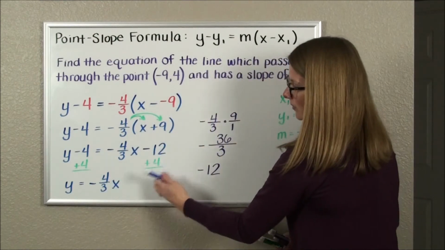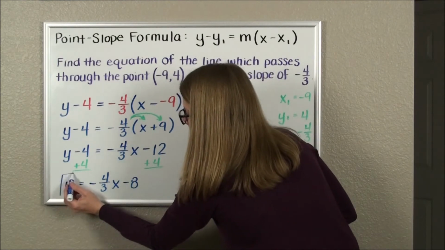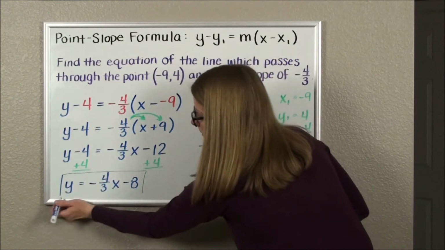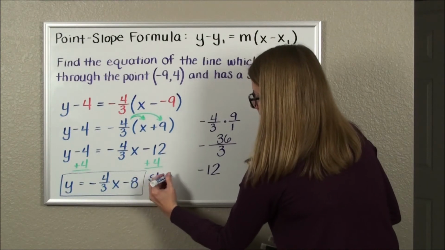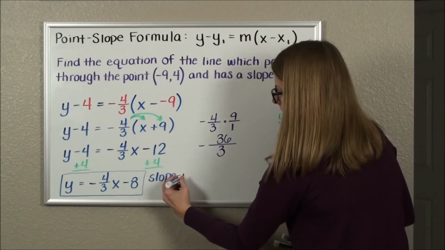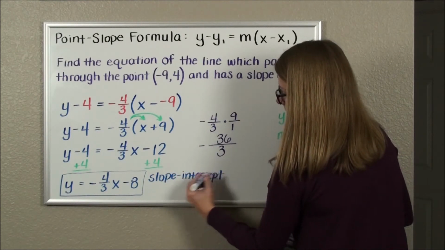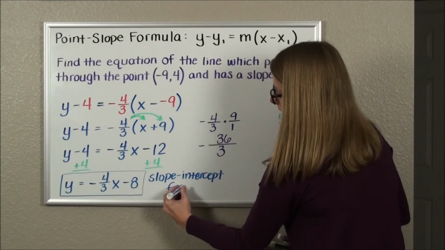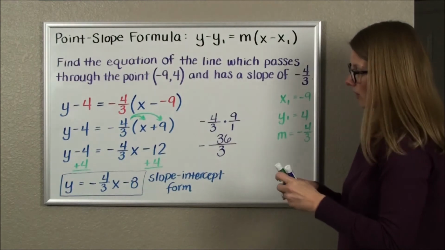And then -12 plus 4 will give me -8. And there is my slope-intercept form. Here's my slope-intercept form of the line that goes through (-9, 4) and has a slope of -4/3.